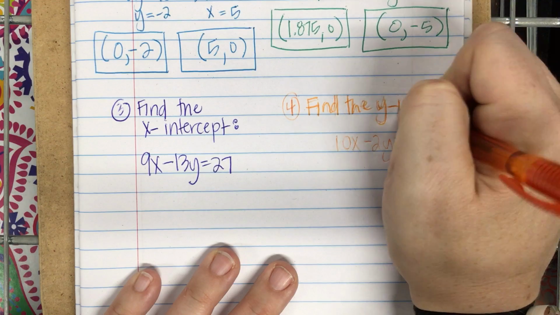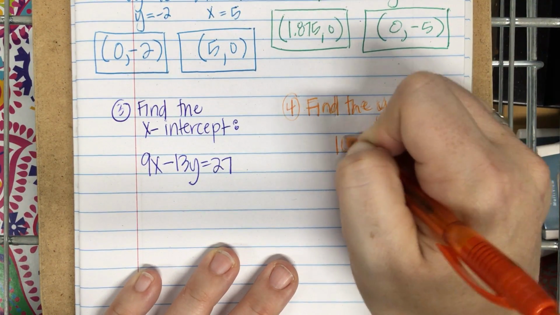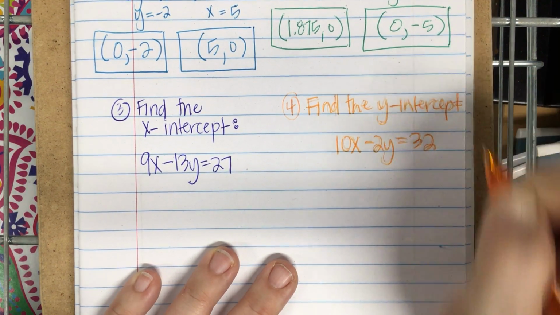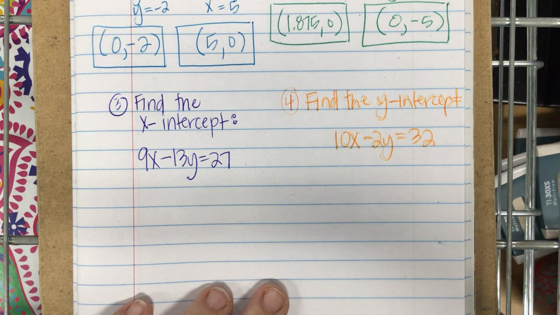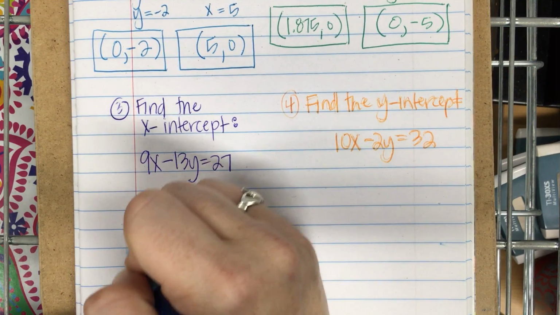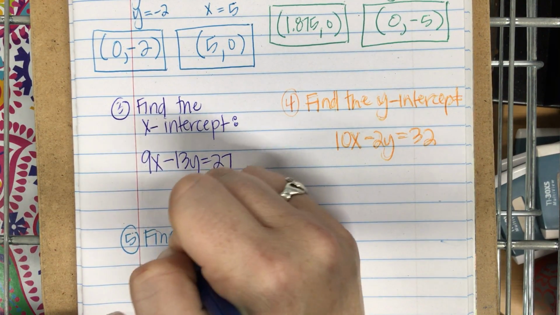Find just the y-intercept here. And then we'll go back, number 5, find both.